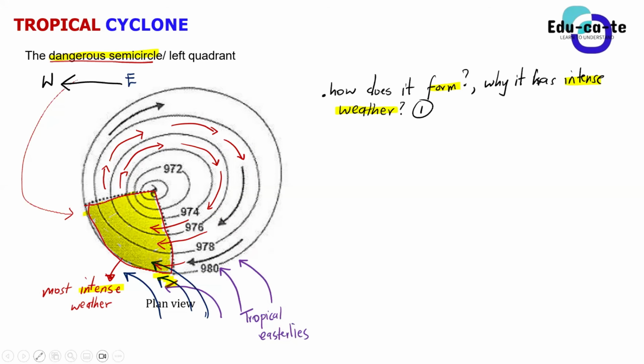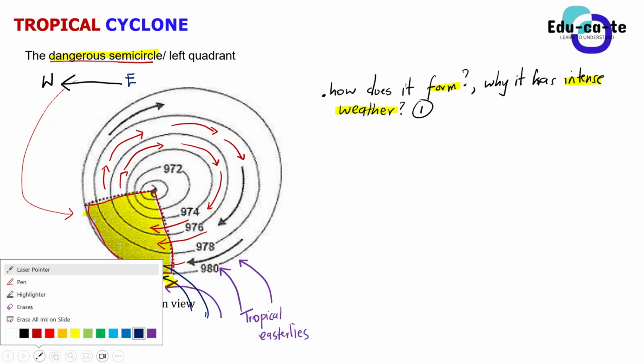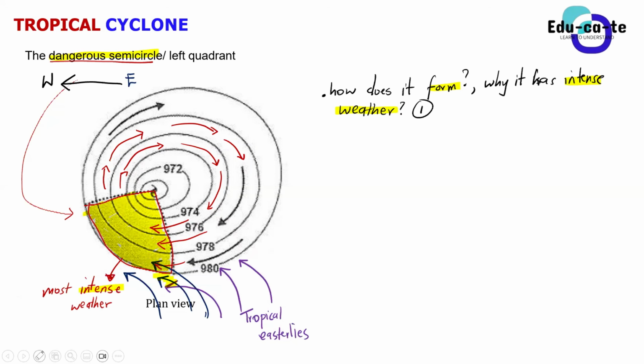So when you explain the formation of a dangerous semicircle, you talk about two things here. The first, you say that the winds that are rotating, or that are circulating in the cyclone. Remember, these are rotating in a clockwise direction within the cyclone.